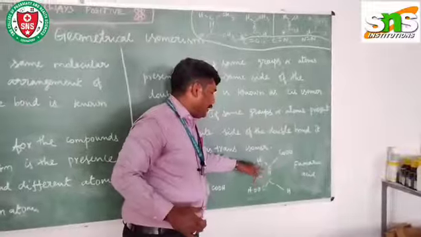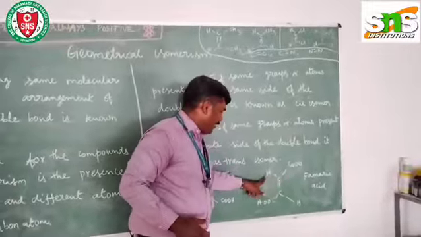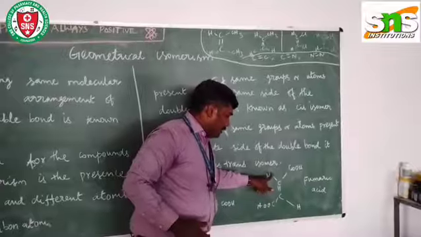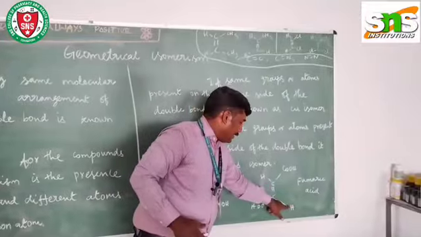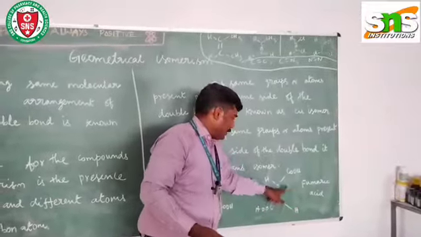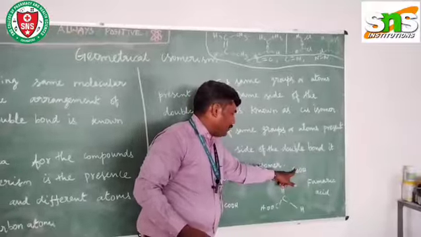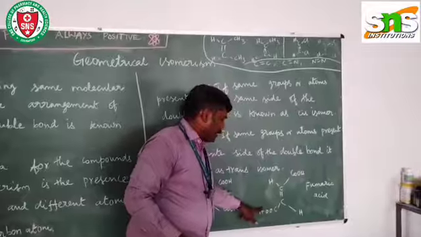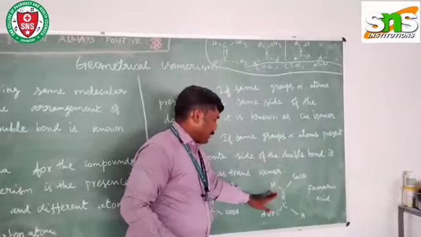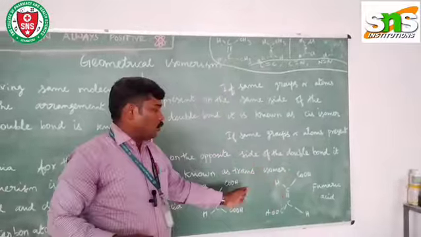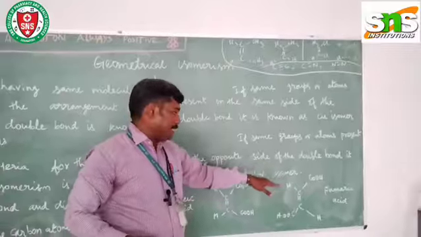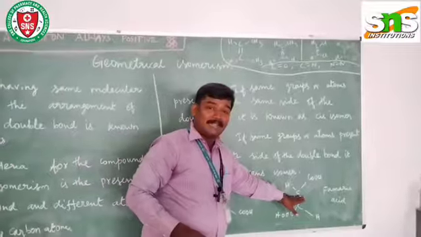If the atoms, that is the hydrogen atom, here you will find this hydrogen is present on one side, and one hydrogen is present on the opposite side. Similarly, one carboxylic acid group is present on one side, and one more carboxylic acid is present on the opposite side. So, if the same groups are present on the opposite side, then it is called trans-isomer.